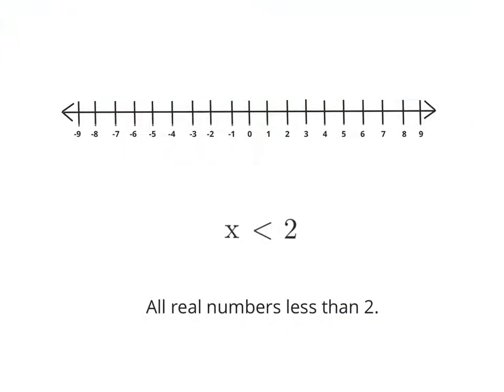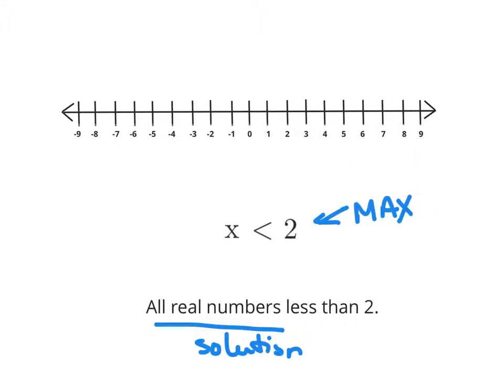Okay, my first example is x is less than 2. In words, that means all real numbers that are less than 2. If my solutions are less than 2, that means 2 is a maximum number and all my answers need to be less than that.